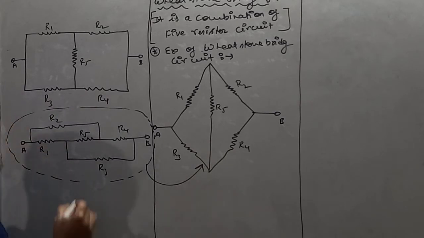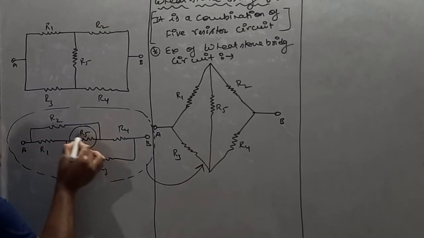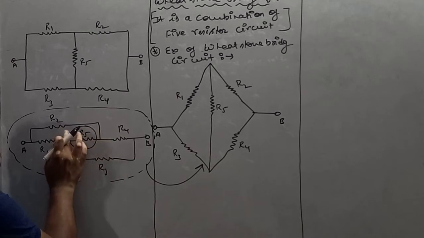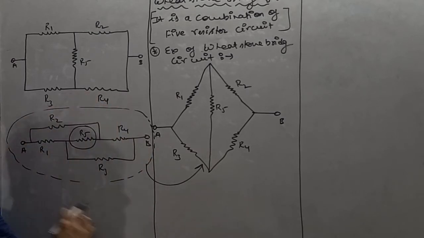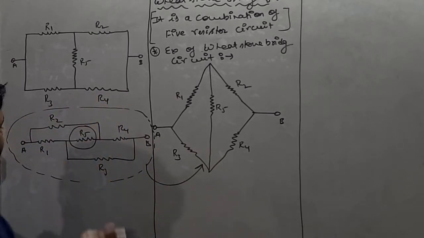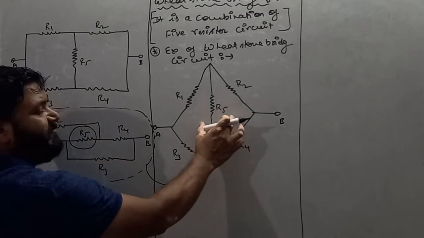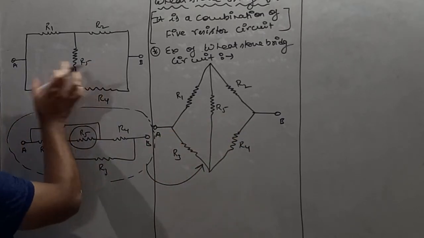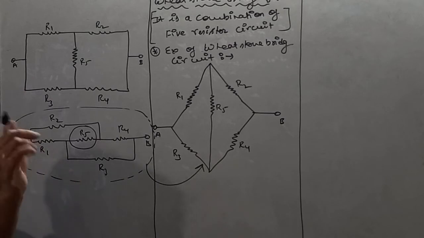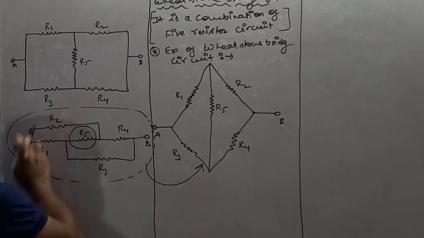And remember, this resistor must be R5. If this kind of circuit is there in your question, then first convert it into this form, and then only solve it, because this is quite a typical circuit.